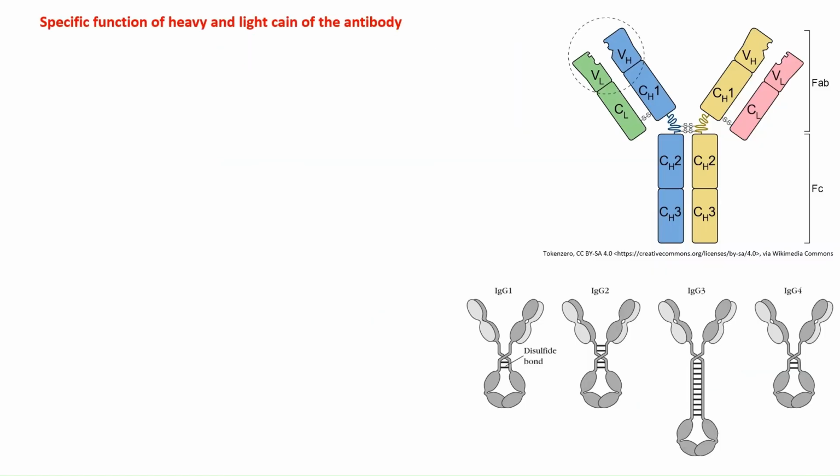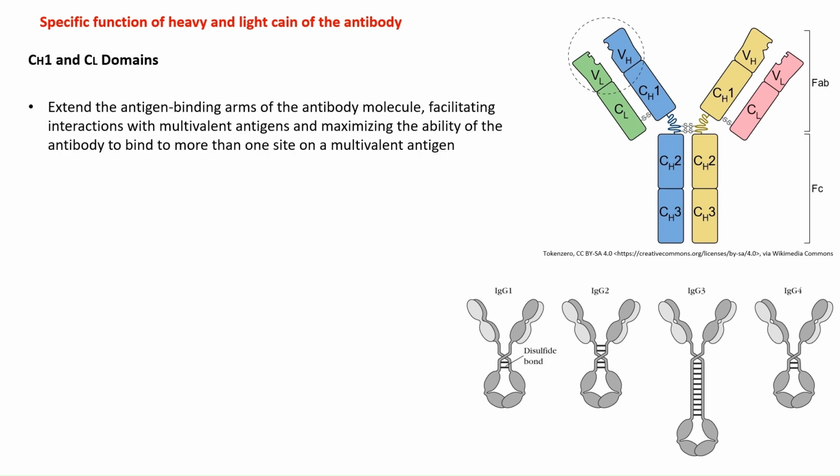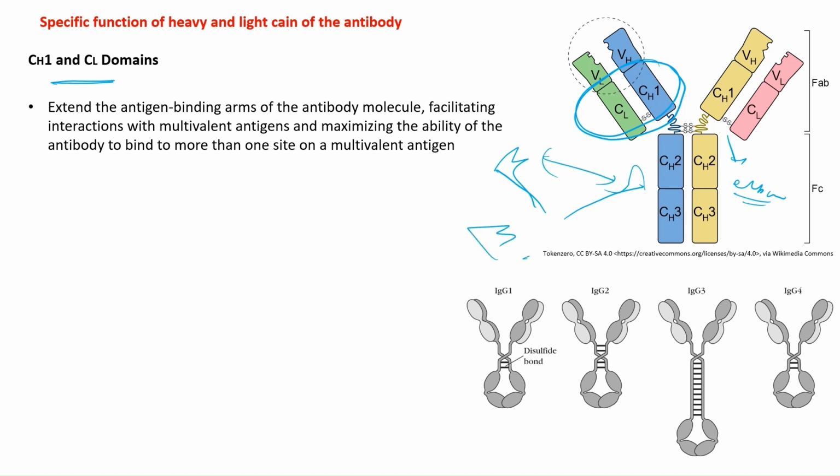Now let's understand some specific functions of the light and the heavy chain of the antibody. If we talk about this CL and CH1, that means this part. As I gave you the example in the last video, consider the hinge region as your elbow. If I throw a ball towards you, depending upon the size of the ball, either your hands will be far apart or you will bring both your hands close to each other.